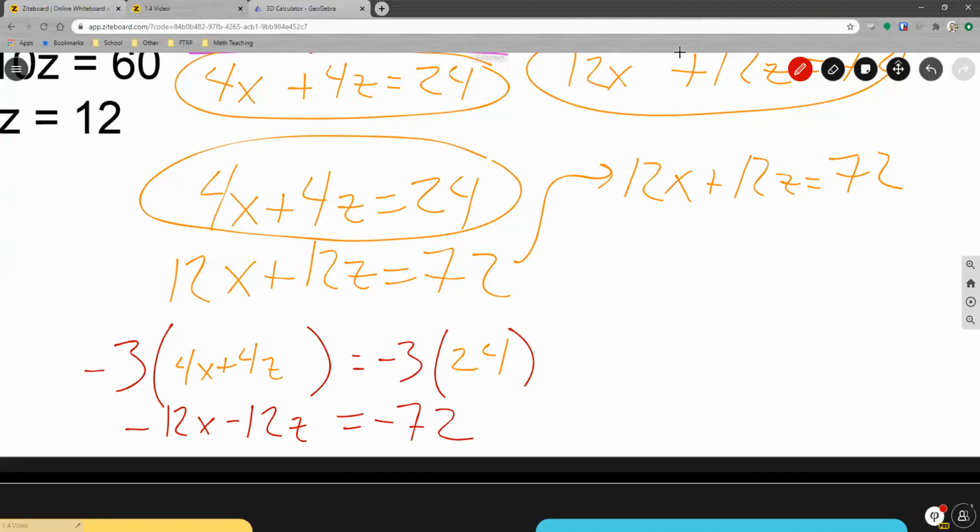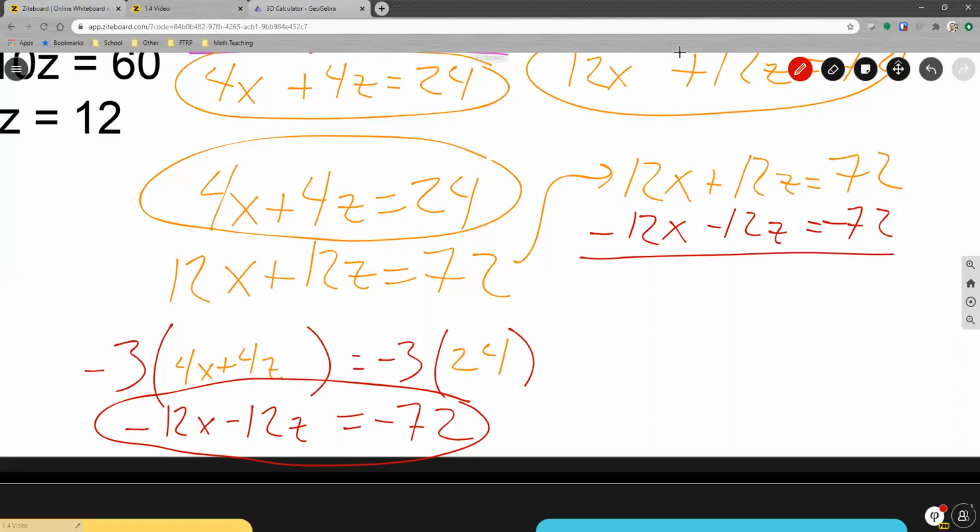Well, that's interesting. That means if I stack that orange equation that I moved over and this new red equation, I get this situation. And if I add them together, 12 and negative 12 cancel. 12 and negative 12 cancel. 72 and negative 72 cancel.